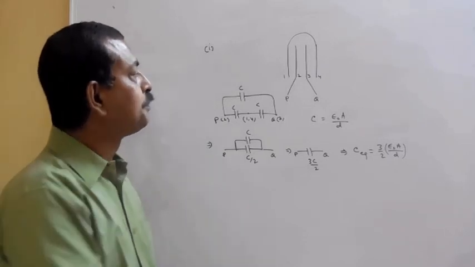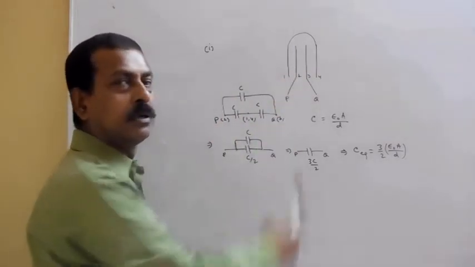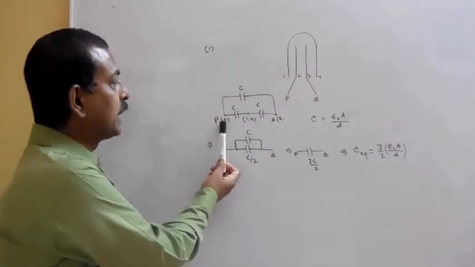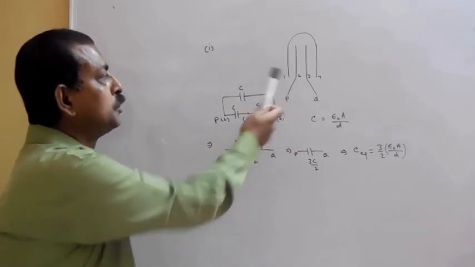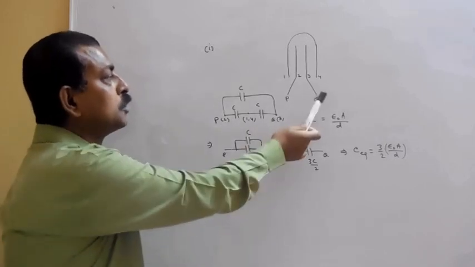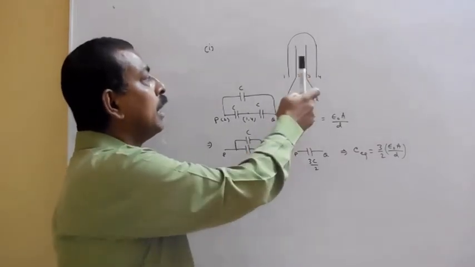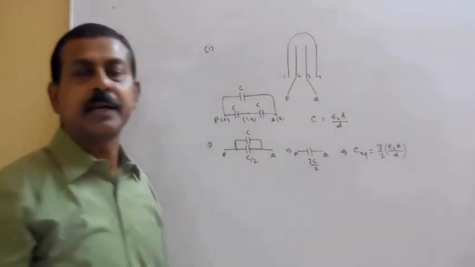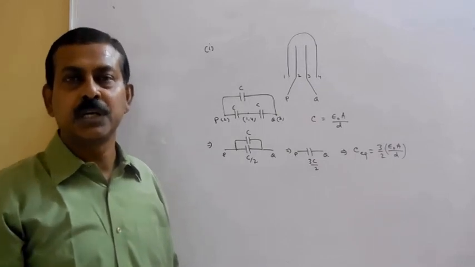So here let's redraw this arrangement. P we have taken here, Q here. So P is connected to plate 2, so we have written P2, and Q is connected to the third plate, so we have written Q3. 1 and 4 are connected with the help of a conducting wire, so both are at the same potential.